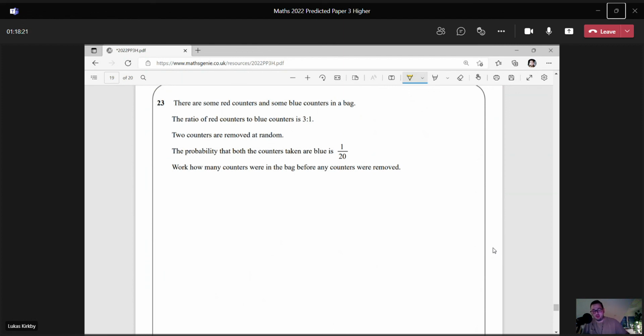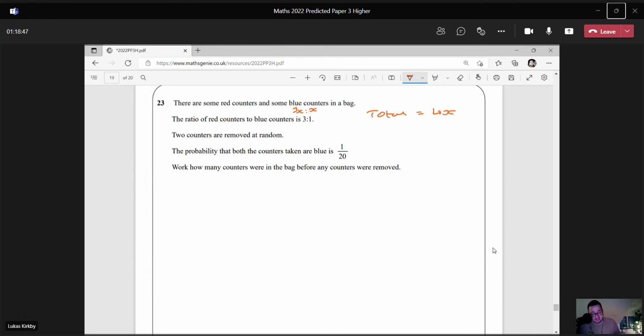Okay, so we don't know how many counters are in the bag, but we've got this ratio. So let's say that this is x for 1 and this is 3x. And that's going to be our total, so our total is going to be 4x counters. Now we want to know the probability that both the counters are blue.